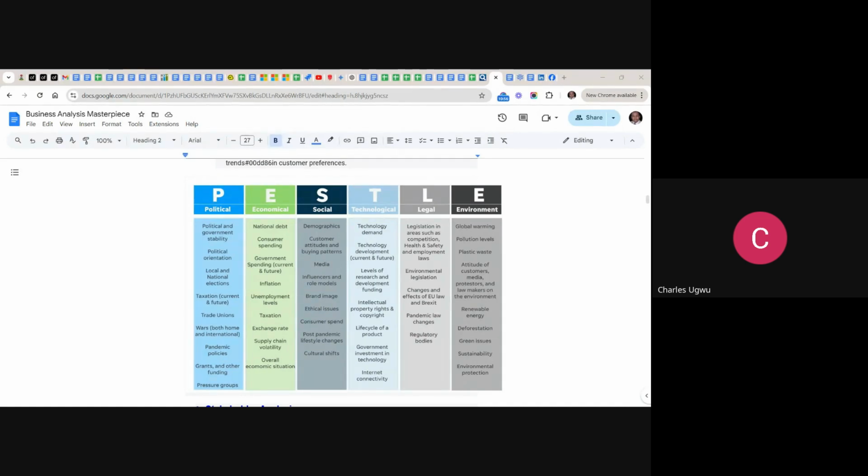Renewable energy, the frustration, green issues, sustainability, and environmental protection. If you are working on a project as a business analyst and you want to solve a problem and understand the market, environmental factors are one issue. It depends, you need to understand how the environmental factors are going to affect you.